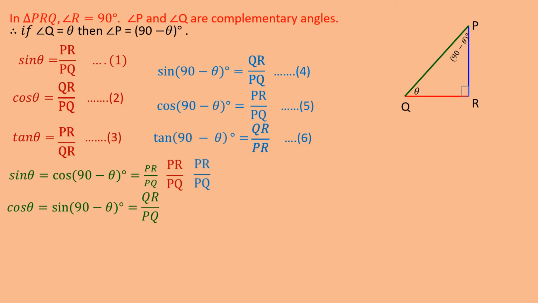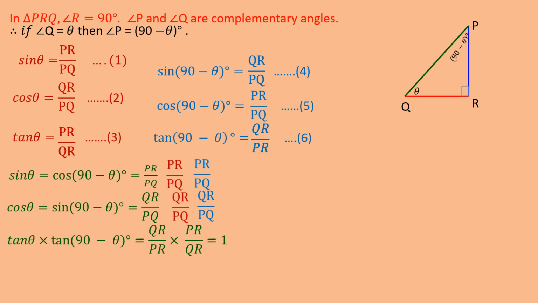Similarly, we have cos theta. From the red side, second equation, cos theta is QR upon PQ and sine 90 minus theta is QR upon PQ. So you will find that all these three have the same ratio. Therefore, we can conclude that cos theta equals sine 90 minus theta.